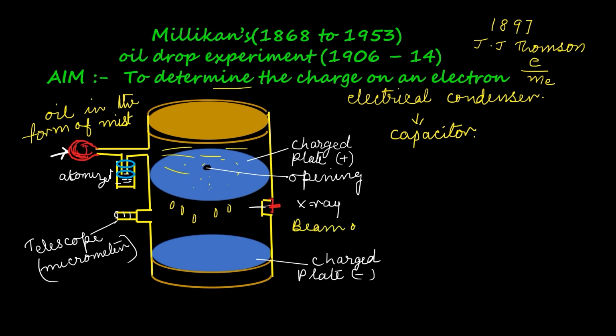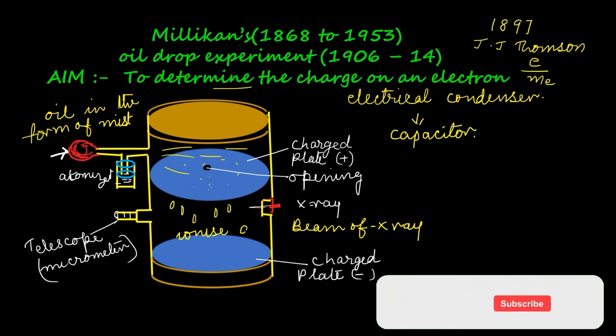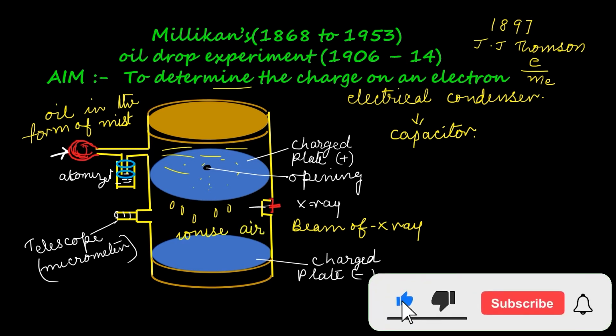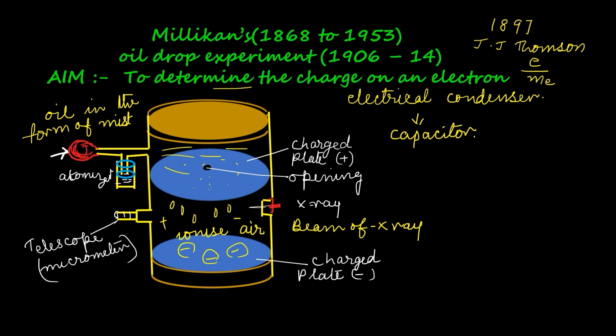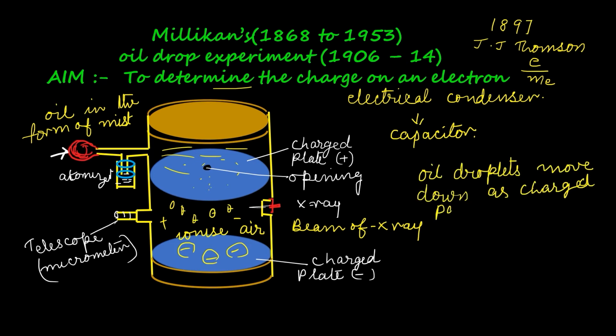These X-rays ionize air, which is the dielectric medium between the plates. Cations and anions are formed from air. The oil droplets which are falling down acquire this charge and move down as charged particles. These falling particles can be seen using the micrometer telescope which is attached to the chamber. Please see the figure.